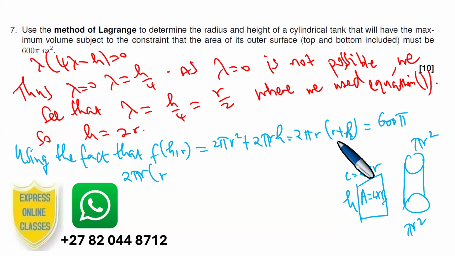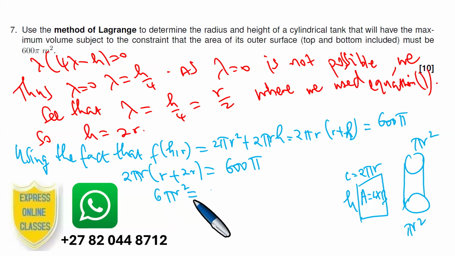Which means you have 2 pi r times r plus 2r, which equals 600 pi. So r plus 2r is 3r, and 2 times 3 is 6 pi r squared, which is equal to 600 pi.